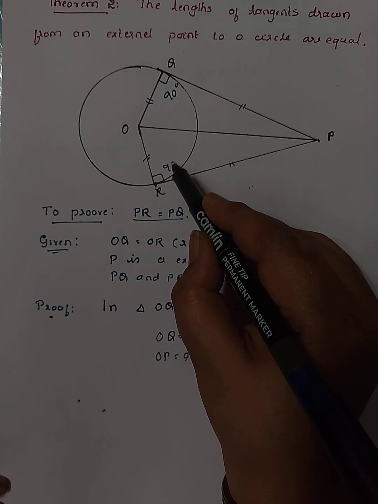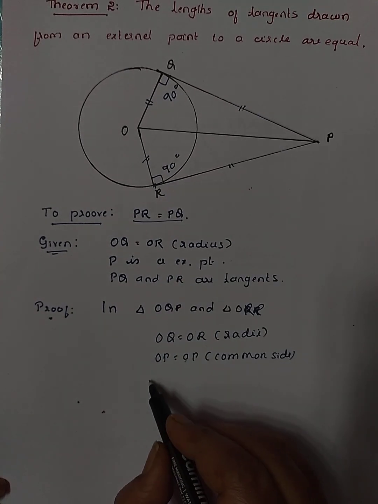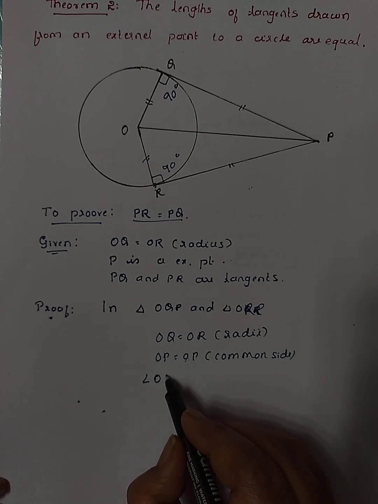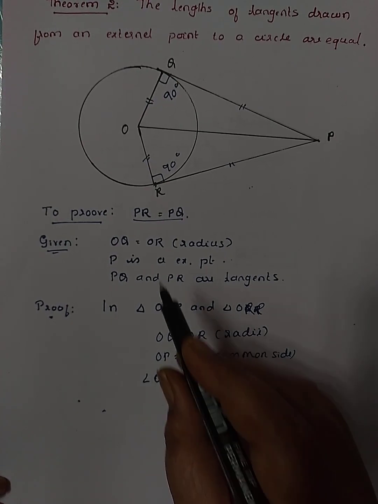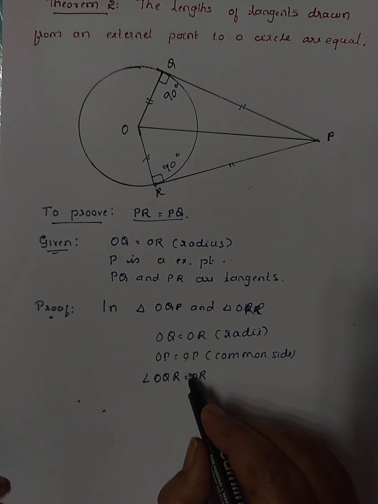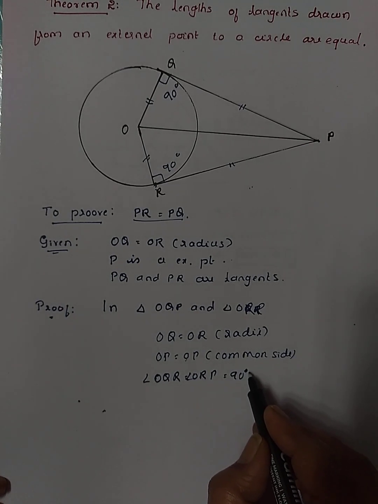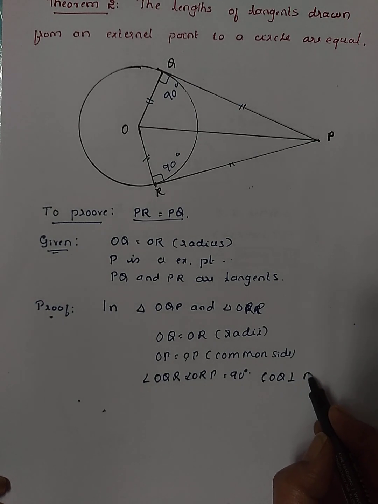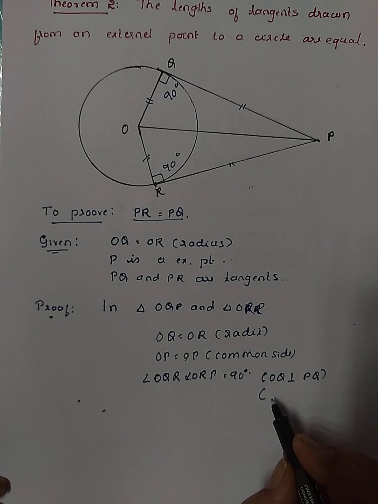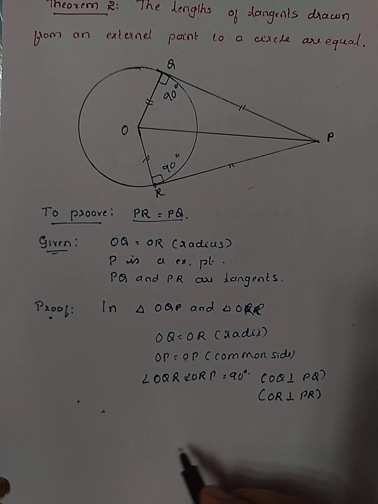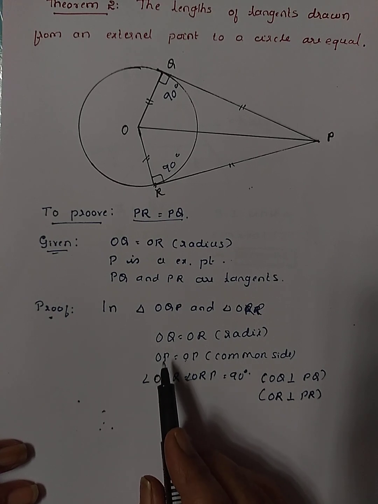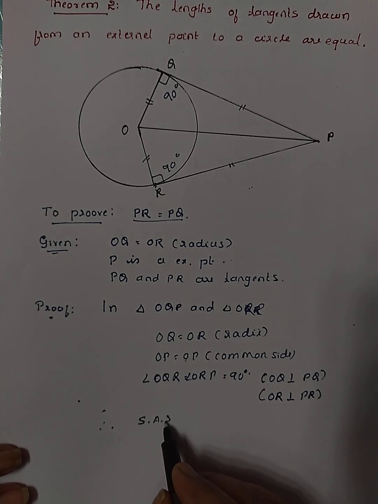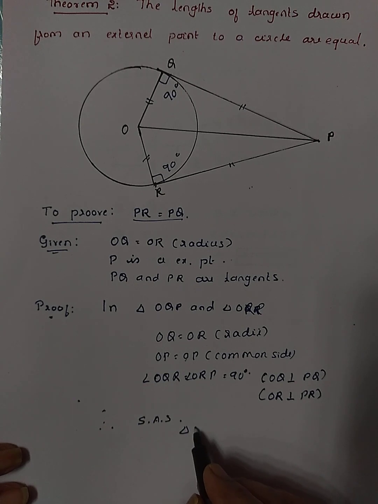That is, angle OQP equal to angle ORP equal to 90 degrees, because OQ is perpendicular to PQ and OR is perpendicular to PR. You have to write the reasons in brackets. Therefore, by which postulate? SAS postulate, triangle OQP is congruent to triangle ORP.